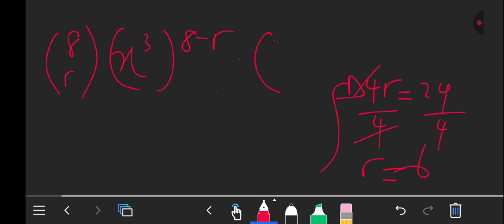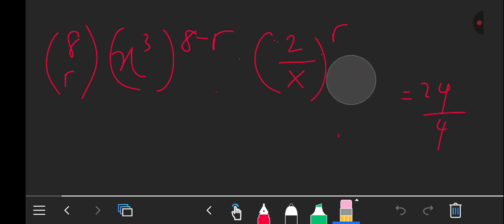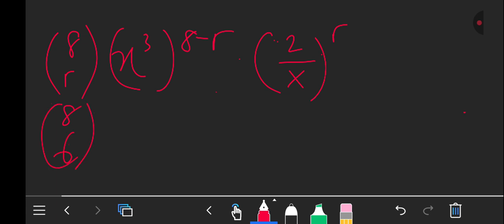Then our b was 2 over x, to the power r. We found the value of r, so it will be 8 combination, our r is 6, so substitute 6 there. Then multiplied by x to the power 3, then 8 minus our r is 6, then here we're going to have 2 over x, our r is 6.